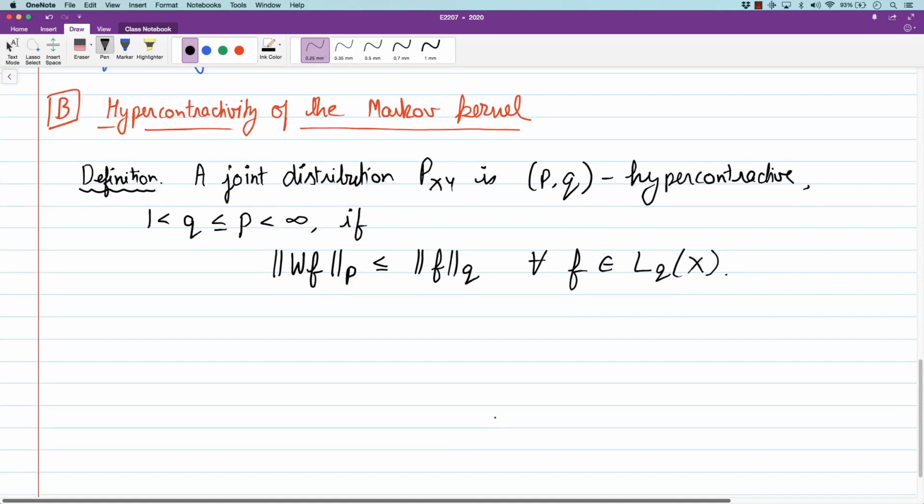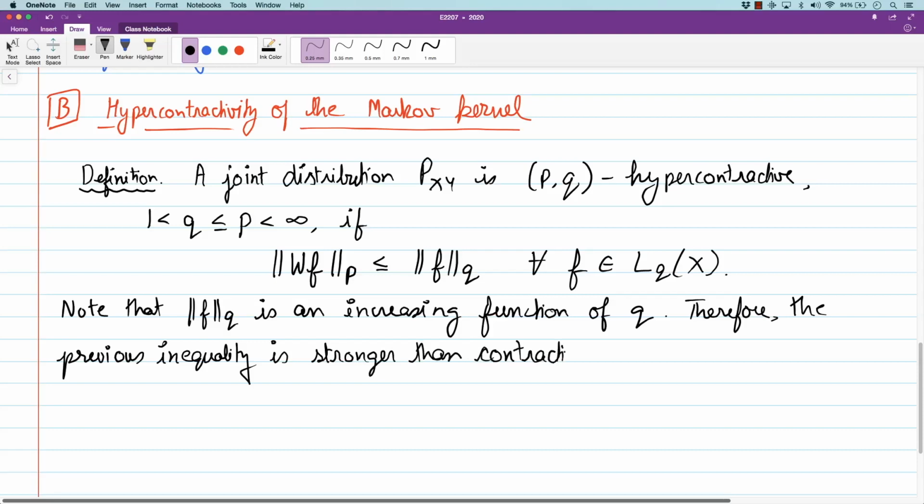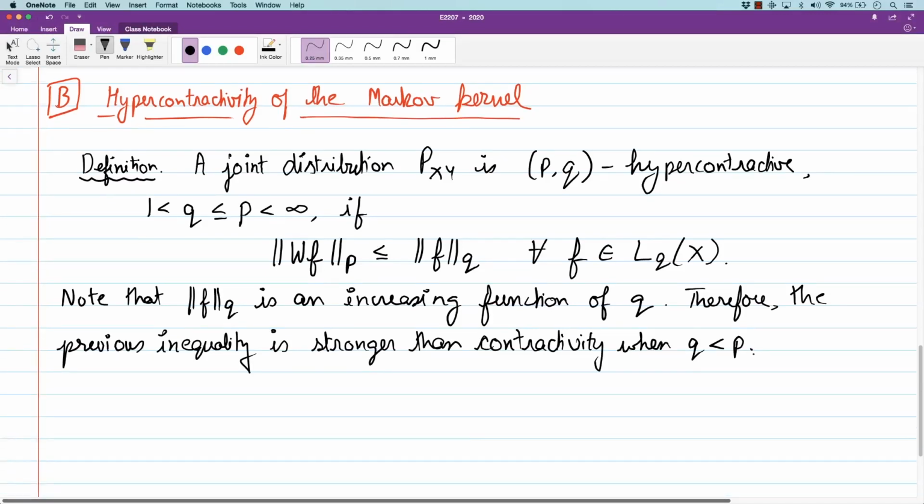So why can it be stronger than hypercontractivity? When Q is strictly smaller than P. So note that the norm is a non-decreasing function of Q, therefore the previous inequality is stronger than contractivity when Q is smaller than P. And in fact, we would like to find as small a Q as possible.